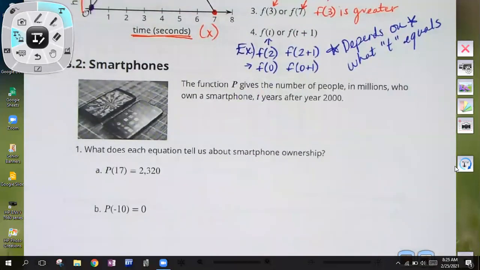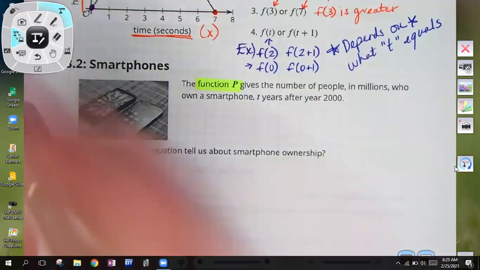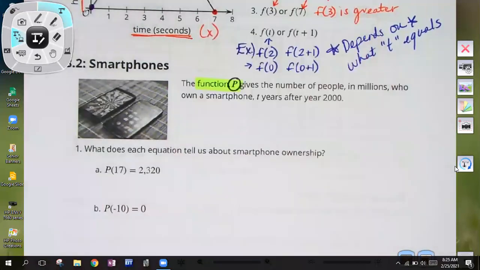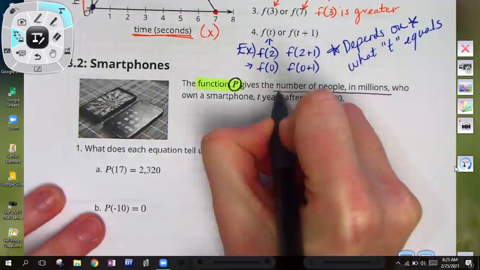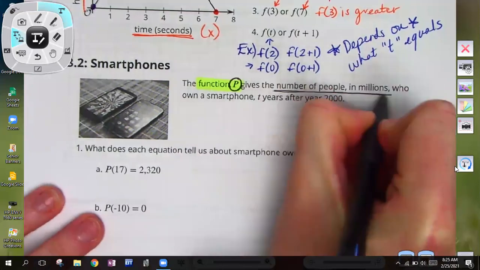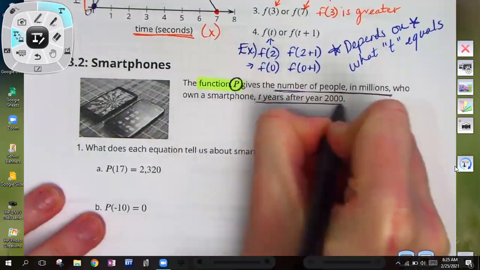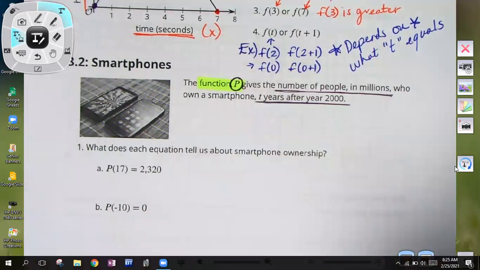Okay, so this function is named what? P. So anytime you see this P represented anywhere, we're talking about this smartphone situation. So the variables we're working with are the number of people in millions and the years after the year 2000.